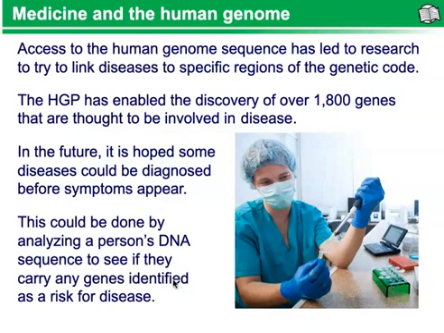This could be done by analyzing a person's DNA sequence to see if they carry any genes identified as a risk for disease. Diseases that could be diagnosed before symptoms appear using genetic testing include Huntington's disease, Alzheimer's disease, and some types of cancer.